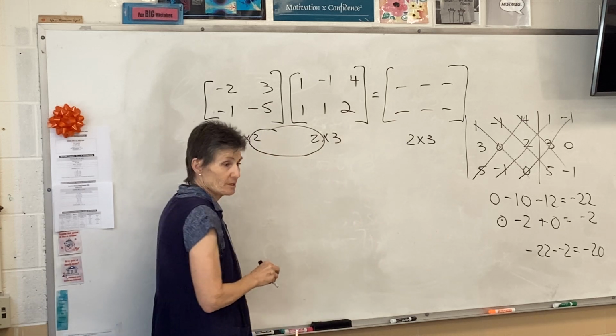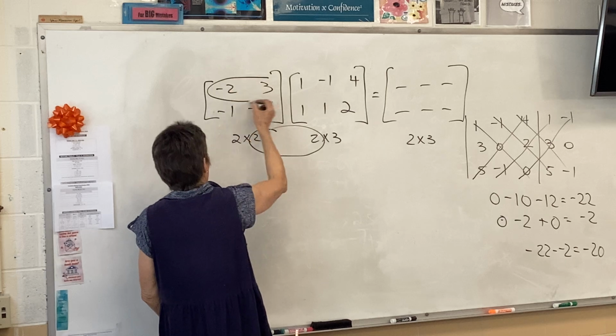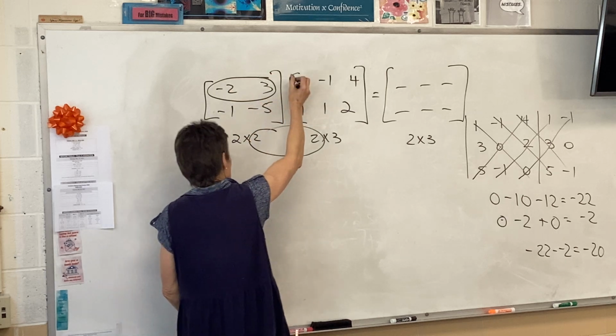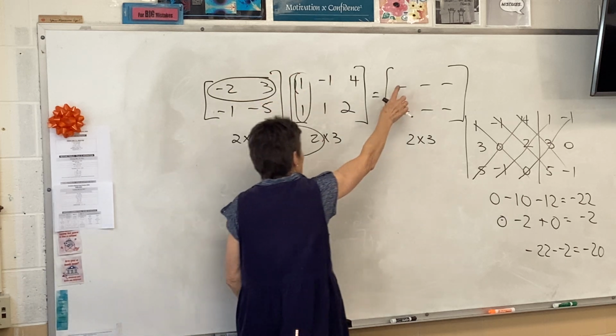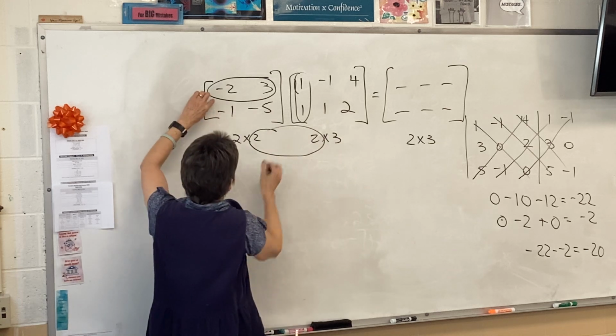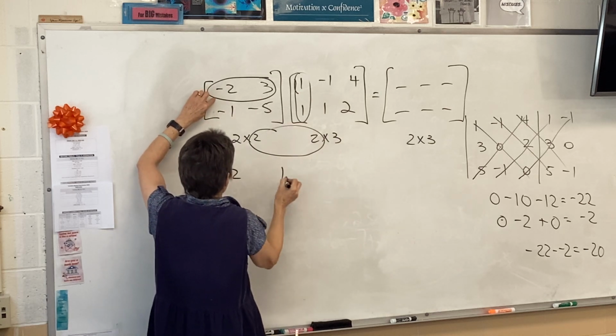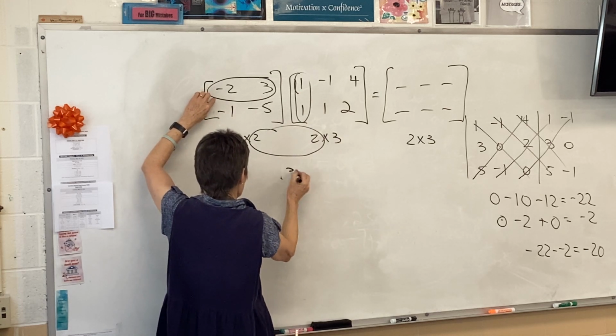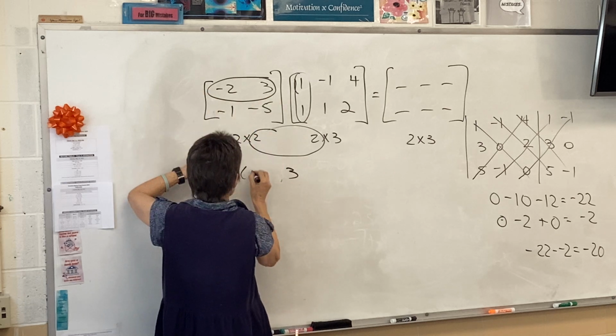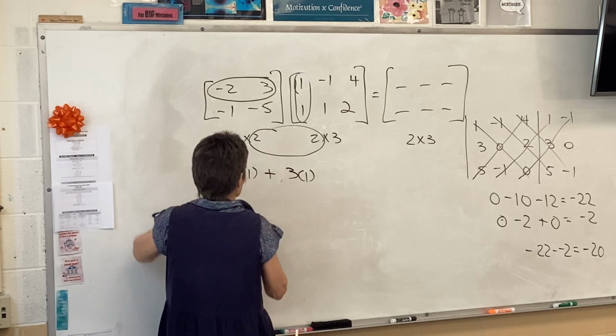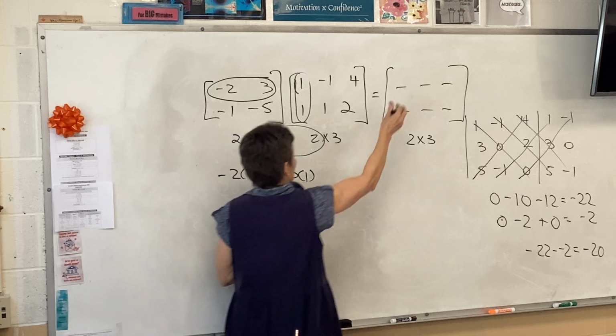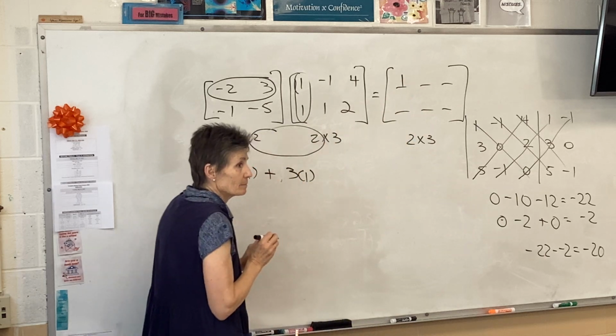So then I multiply row 1 times column 1 to get that number right there. So -2 and 3 times 1 and 1. That gives me a 1 in that spot.